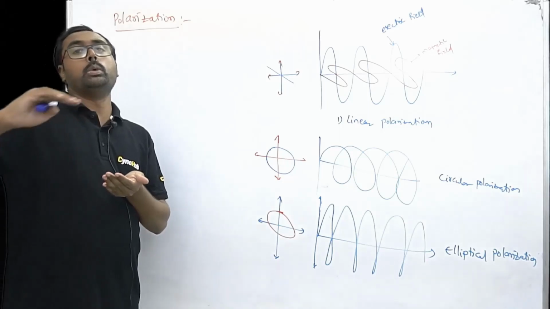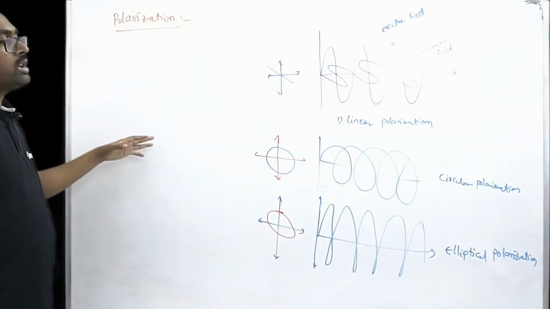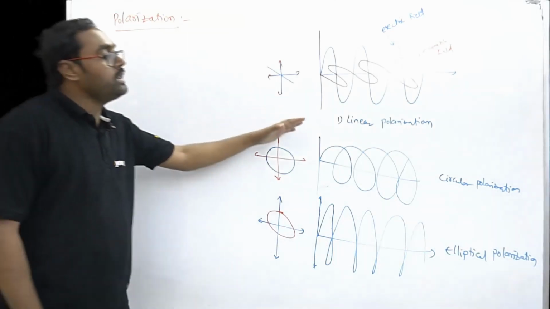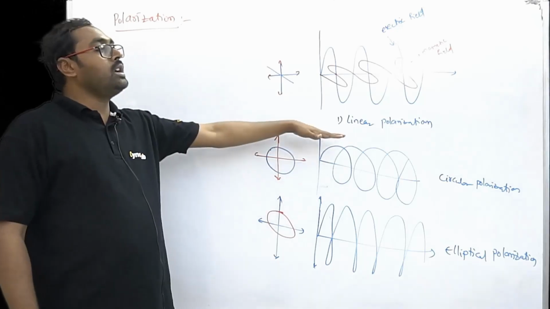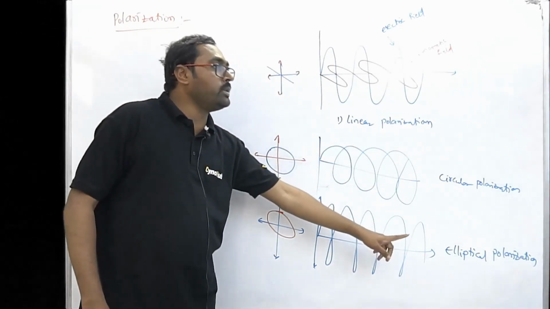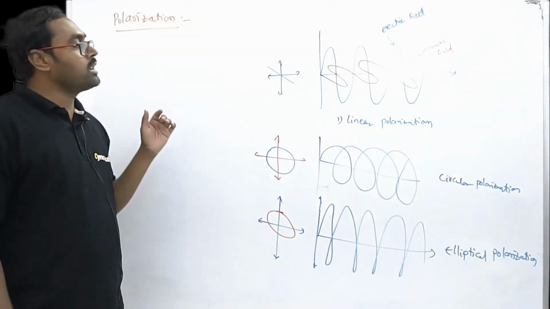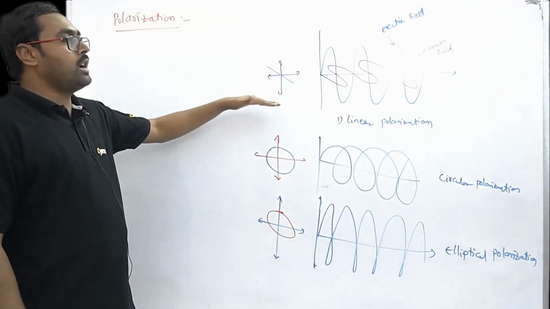Here in polarization we have mainly three types: linear polarization, circular polarization and elliptical polarization.